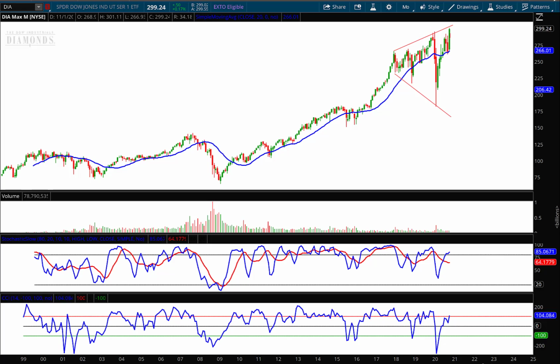I'm AJ Monty, and this is a 20-year monthly candle chart of the Dow Jones Industrial Average ETF, ticker symbol DIA. Now, I'm starting off with the diamonds because I want to reiterate and emphasize the danger in what we're seeing in this market right now.